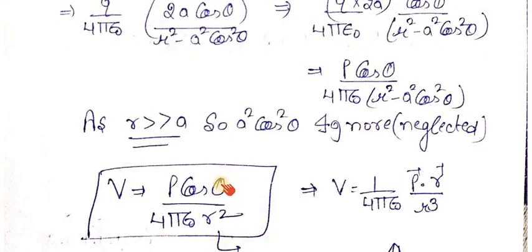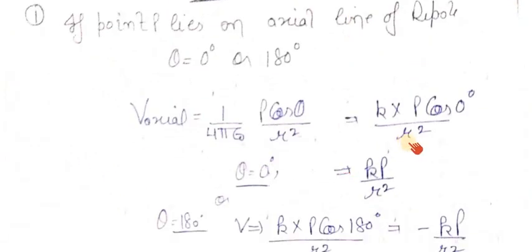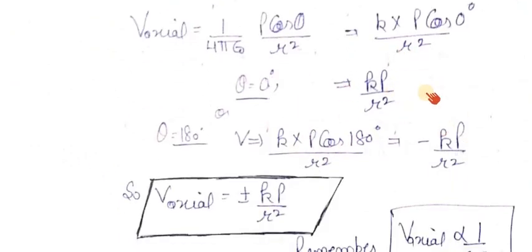On the axis, theta is either 0 or 180 because we are along the same line, so point P will be either on this side or on that side. That means if we go to the left side, the angle becomes 180, and if we go to the right-hand side, the angle is 0 degrees. So theta is 0 degrees, cos 0 is 1, that means P upon 4 pi epsilon naught R square. If 180, then minus. I just put the value of theta. You will get the expression minus kP by r square for theta 180, and for theta 0, that is kP by r square. So at the axial point the expression is plus or minus kP divided by r square, right?